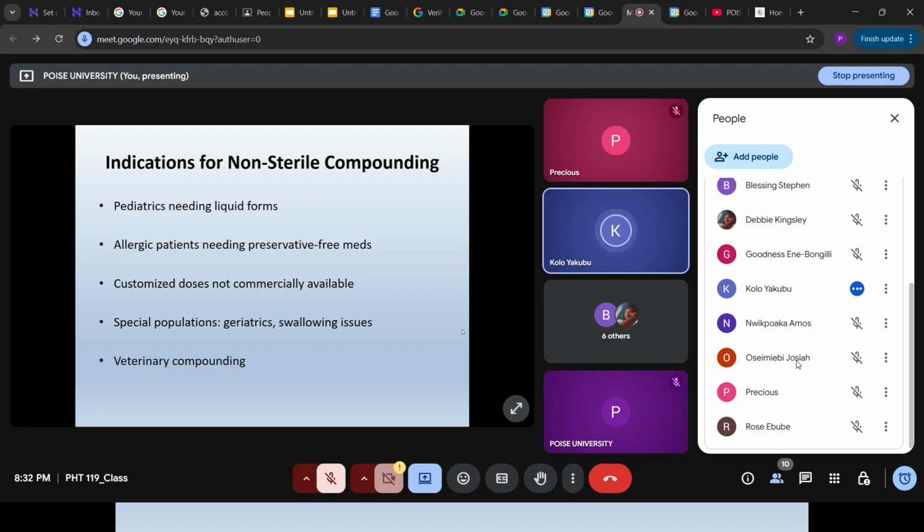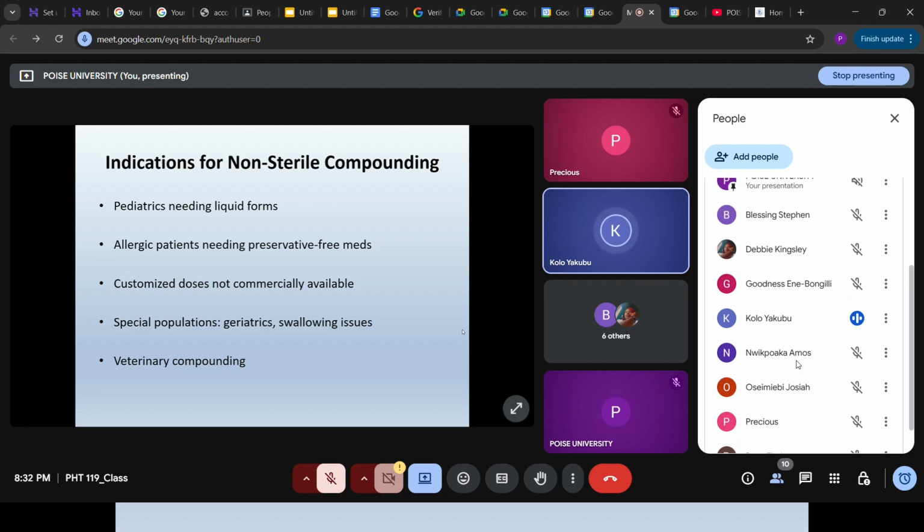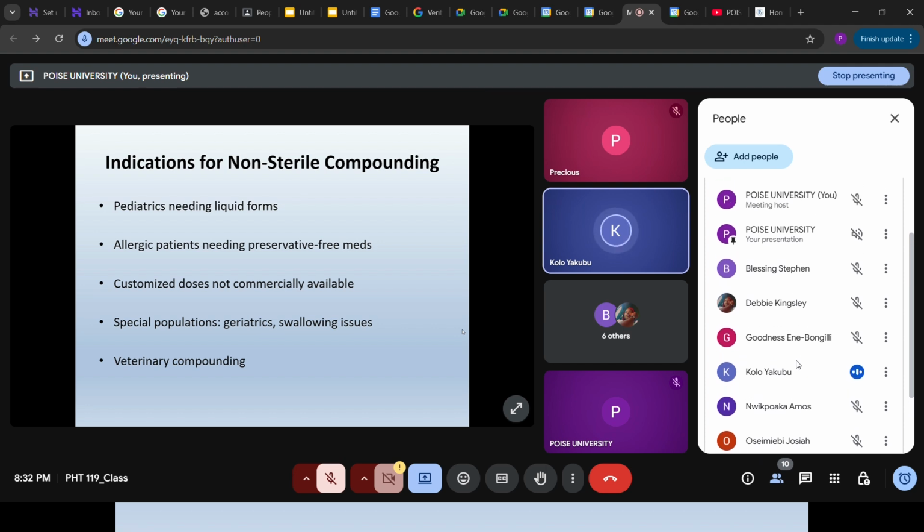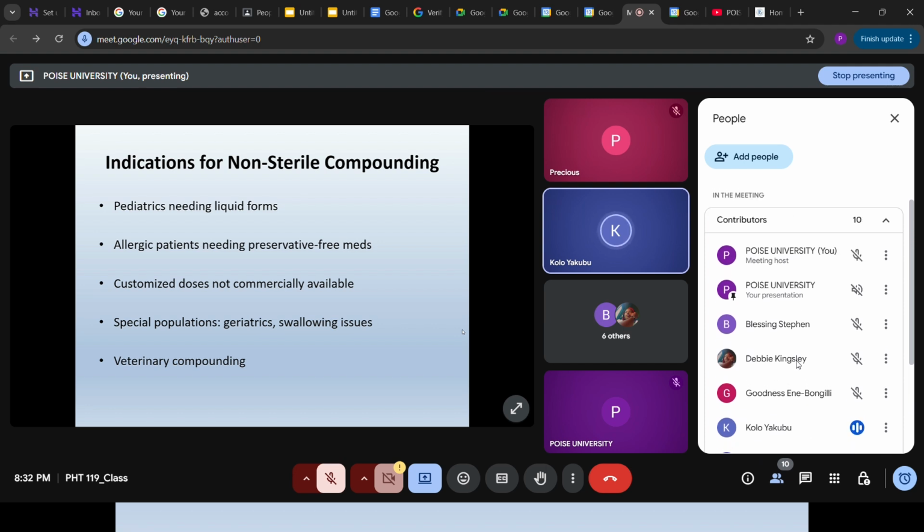It could also be that in the pharmacy where you work, at that point in time, in the state, they've looked for that medication and the liquid preparation isn't available. But we have the tablets, which are meant for adults. So why don't we take the adult dose, do a pharmaceutical calculation, crush it, and mix it up with syrup and some flavors, so that we can then administer it to the child.